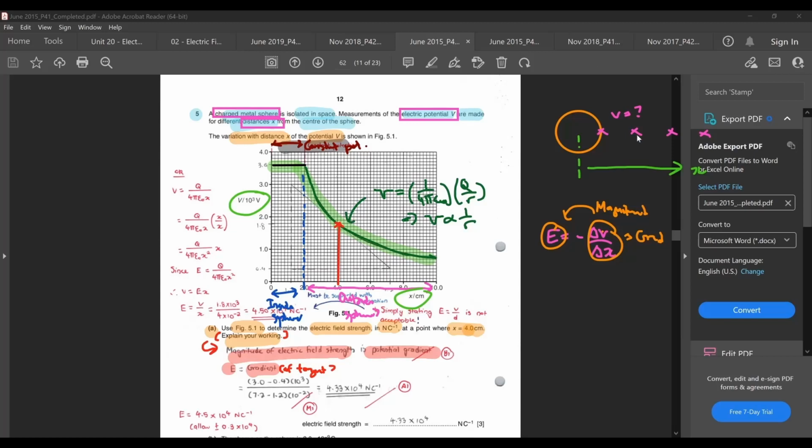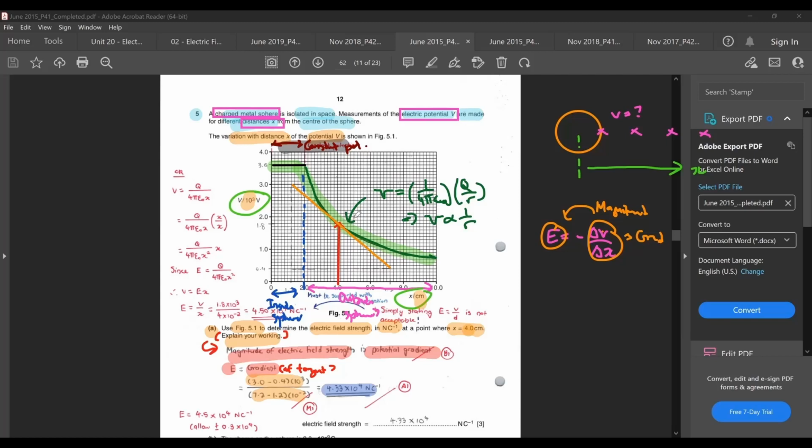So you just try and use your ruler, draw some sort of line that is tangent to the 4 centimeter mark. Find the gradient of that tangent, not forgetting your power of 10 here and changing from centimeter to meter here. You should get your answer as 4.33 times 10 power 4 newton per coulomb.